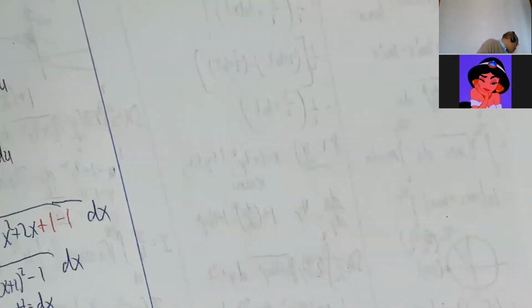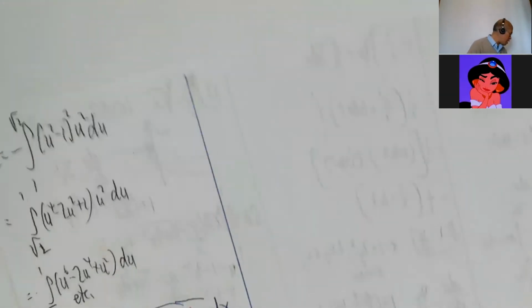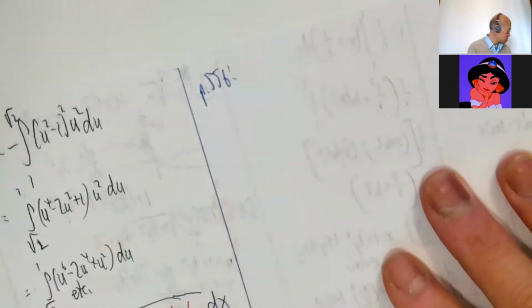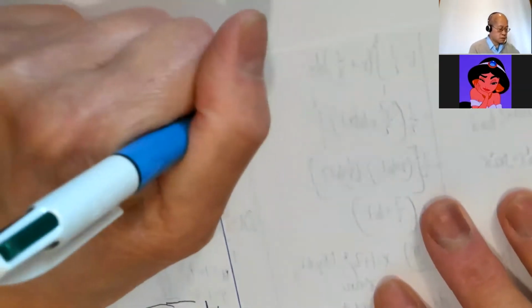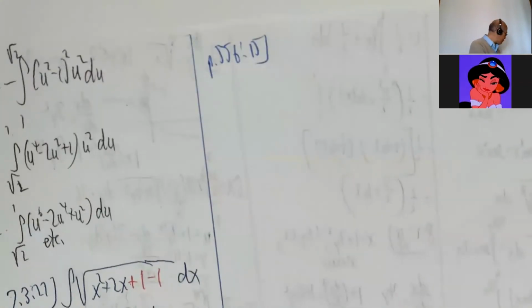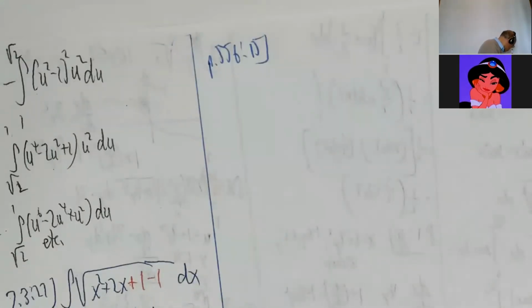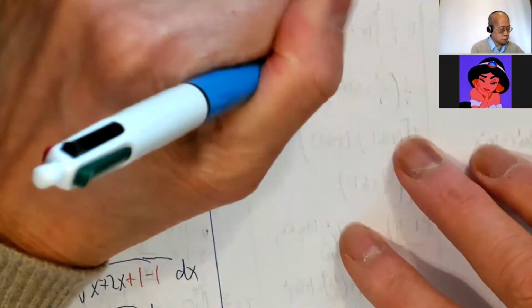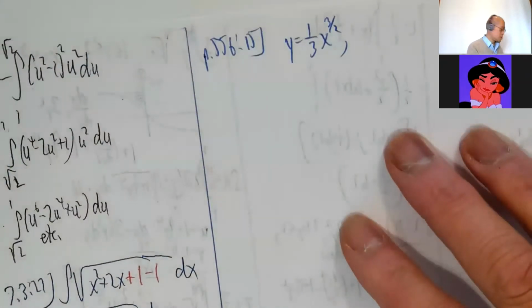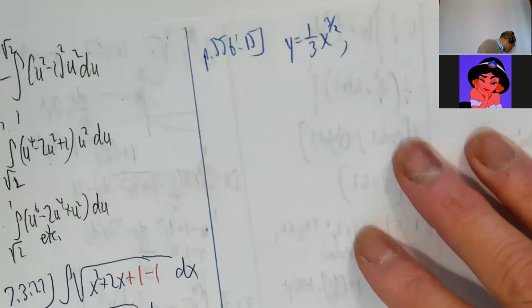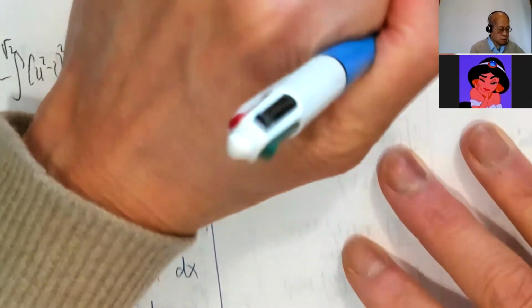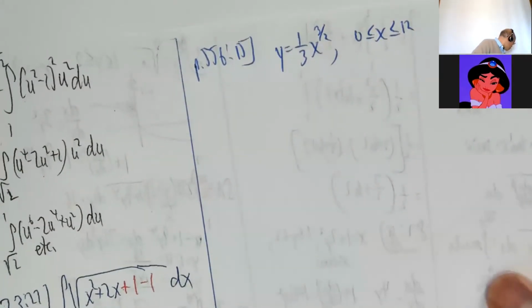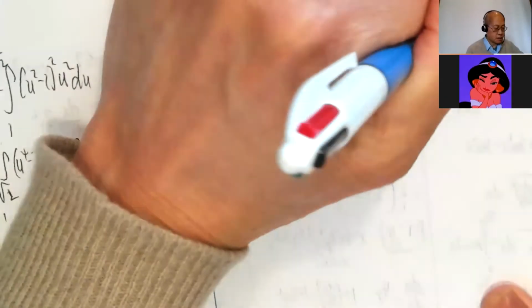So this is problem 15, page 556. So y equals 1/3 x to the 3/2. And x is between 0 and 12. And we're asked to spin about the y-axis.